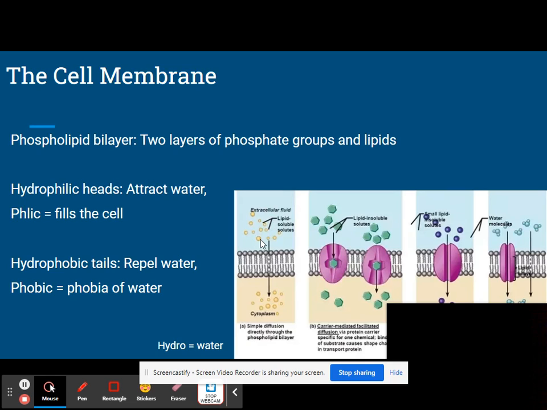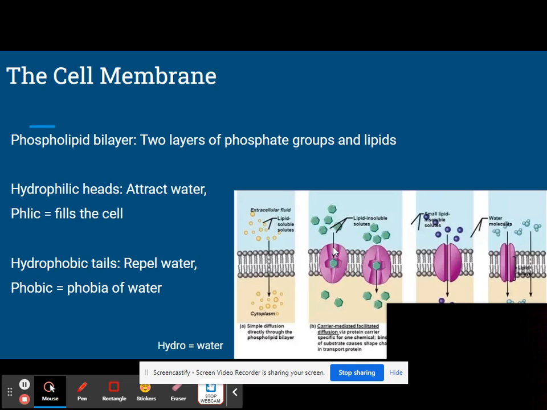The cell membrane is not locked together like a chain link fence. It has molecular bonds which hold it in place but don't necessarily join it completely. That's important because the cell membrane has to be able to separate at times to allow things to come in and out.